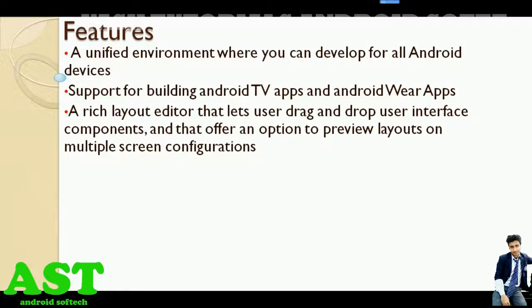And a rich layout editor that lets the user drag and drop the user interface, so you don't need to code everything. You can drag and drop components, and it offers an option to preview layouts and multiple screen configurations. In Android Studio there are many screens, and we will see that in the code next.